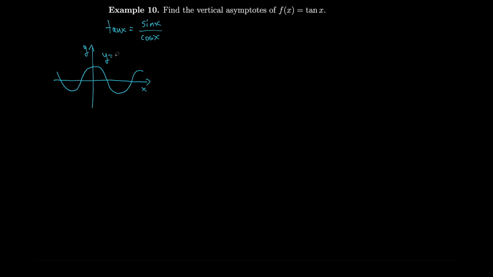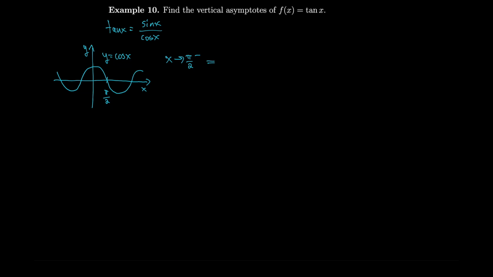Okay, not my worst graph. Not good, but not my worst. So that's at pi over 2 for cosine. That's when it's 0. So as x approaches pi over 2 from the left, that means we're coming along here, it looks like cosine goes from positive to 0.